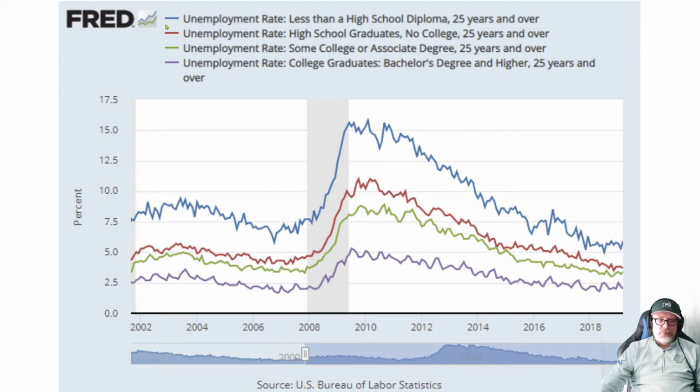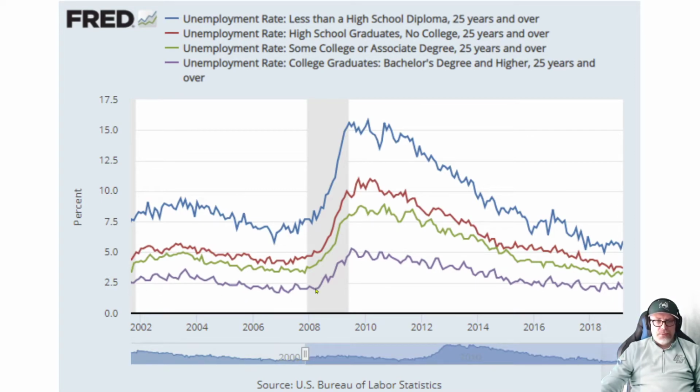The blue line, which is at the high end of the unemployment rate, is people that don't have a high school diploma and are 25 years of age and older. The red line is people who have a high school diploma only. The green line is people who have either an associate's degree or some level of post high school education.